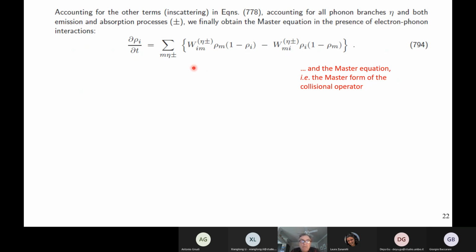Then we let the system evolve, and assuming that the size of our system is shorter than the coherence length of the wave packets we have injected into the system at t equals 0, or that we have excited optically, then we could formulate the decay towards equilibrium in a way which is much simpler than what we would have.